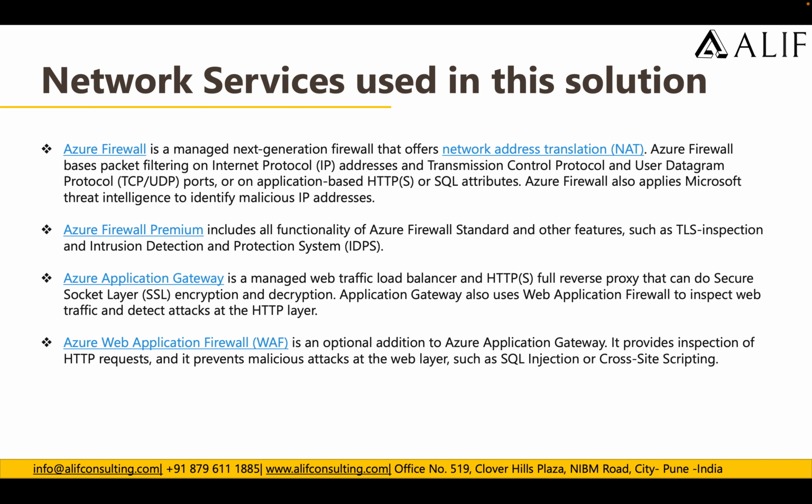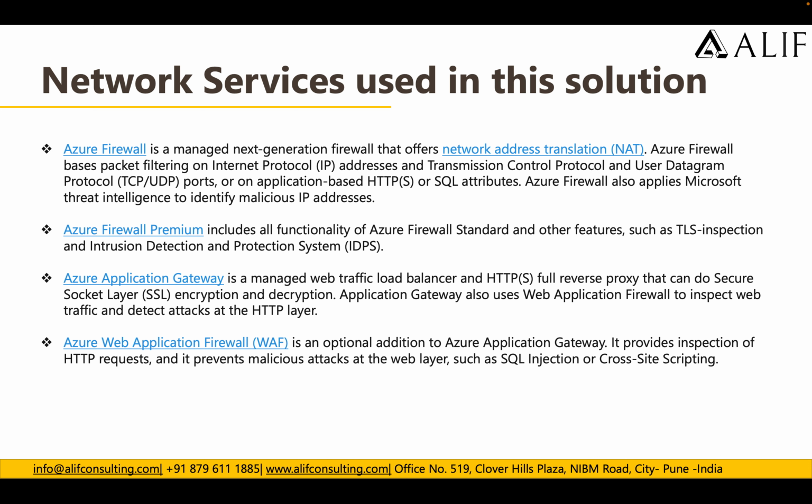Well, in our solution, what services have been used? In our solution, we have Azure Firewall, the Azure Firewall Premium add-on, an Application Gateway, and an Application Gateway WAF, which is a kind of application firewall. Azure Firewall is simply a next-generation firewall that offers NAT. It is completely managed, so we don't need to worry about managing the OS, patching, or anything like that.